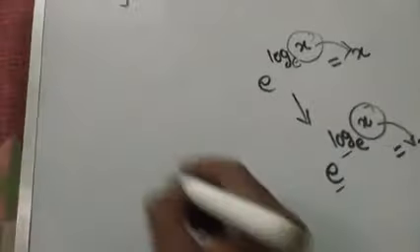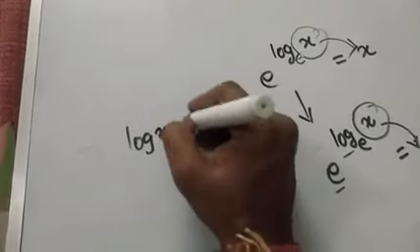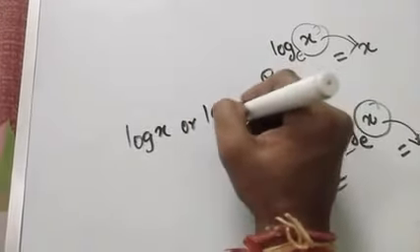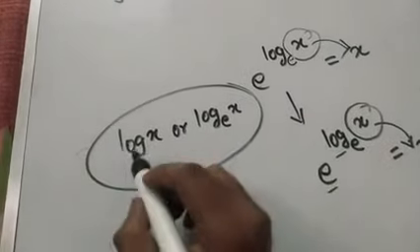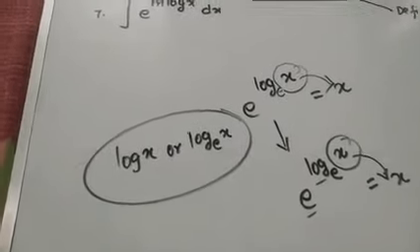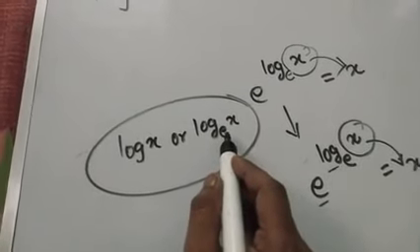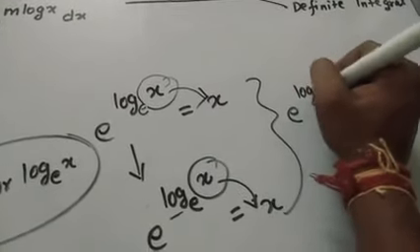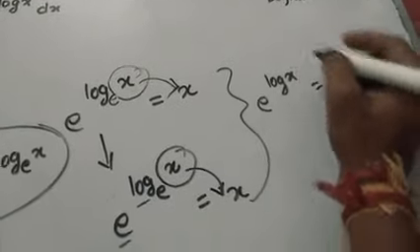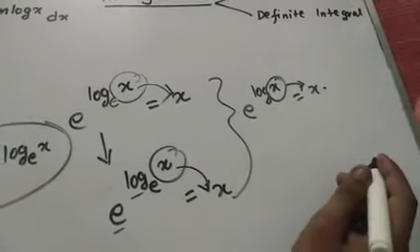That means in integration, writing this or writing this, both are same, because in the chapter of integration as well as differentiation, we are dealing with base e. So e to the power log x will cancel, and the function it gives here is x.